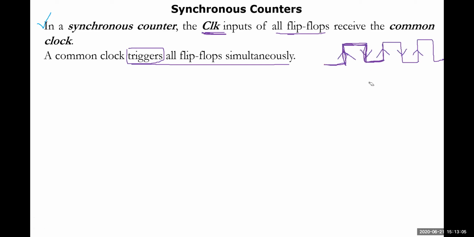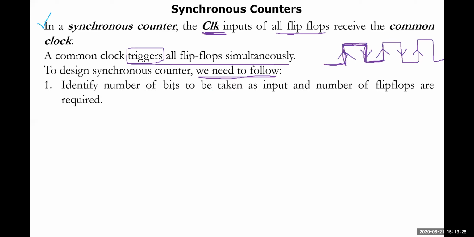Then there are a certain number of steps to be followed to construct this synchronous counter. So let us consider designing this synchronous counter. We need to follow some steps here, totally 4 or 5 steps. The first step is to identify how many bits the synchronous counter is being implemented with.